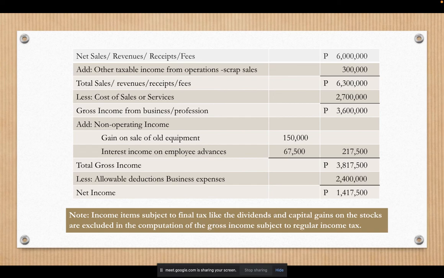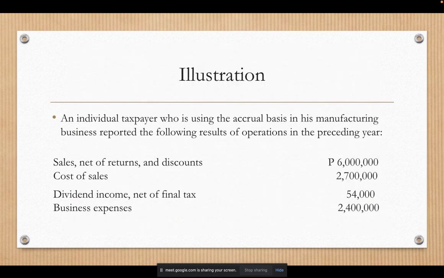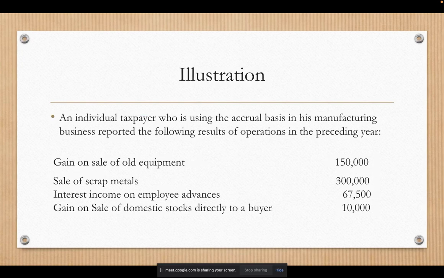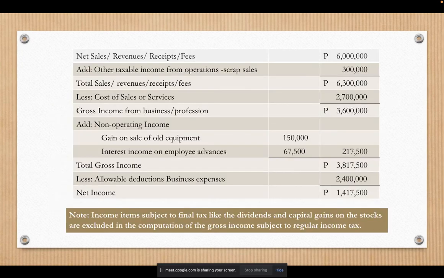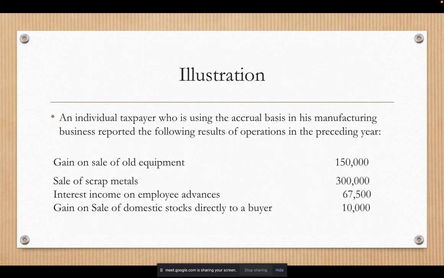Now your allowable deductions, as you can see in the illustration, is 2.4 million, no? So you have 2.4 million allowable business expenses deductions. Therefore, your net income is 1,417,500. Note that income items subject to final tax, like the dividends and capital gains on stocks, are excluded in the computation of the gross income subject to regular income tax.